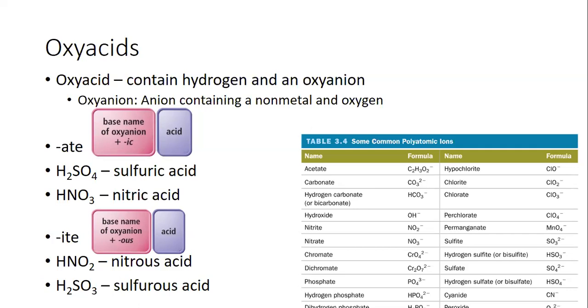NO3 is nitrate, that's why it's nitric acid. While if your polyatomic ion ends in ite, you name it ous. So NO2 is nitrite, so it's nitrous acid. SO3 is sulfite, so it's sulfurous acid. Super confusing, I know. I've never thought of a good system for why ate is ic and ite is ous, but it is what it is.